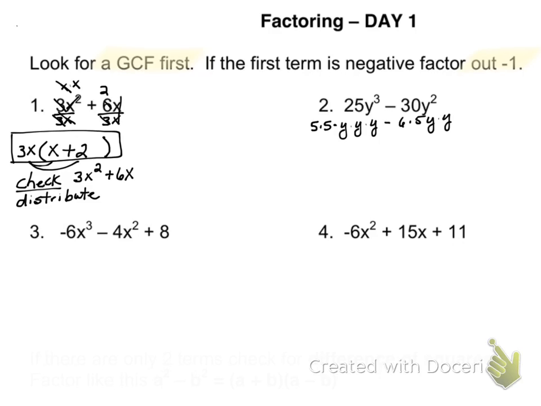Well, what do they all have in common? They both have a 5, and they both have a y, and they both have another y. So those things that they have in common, you would multiply together to be their greatest common factor. So the greatest common factor is 5y squared.